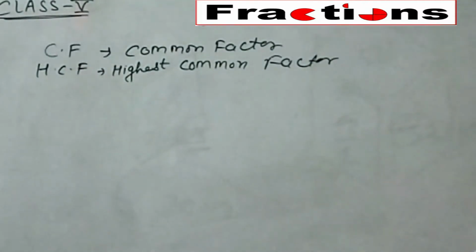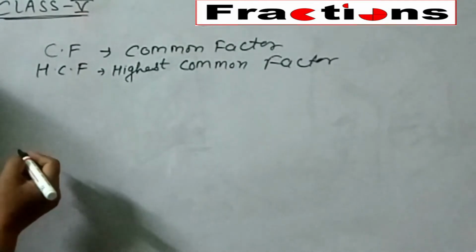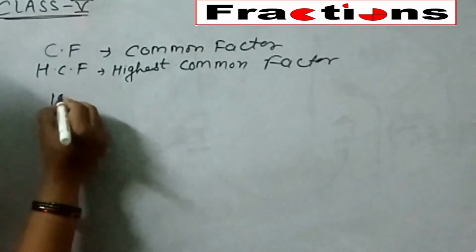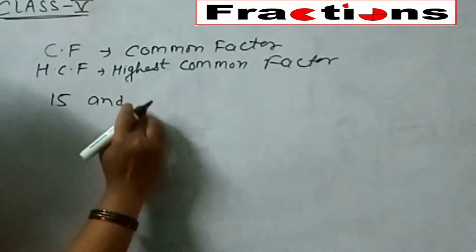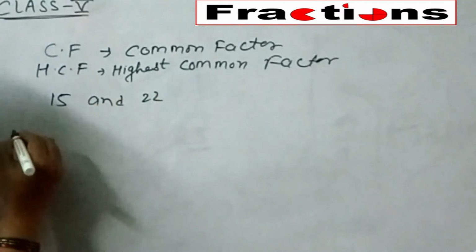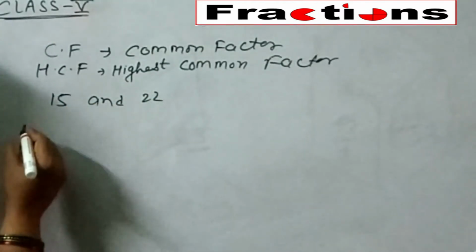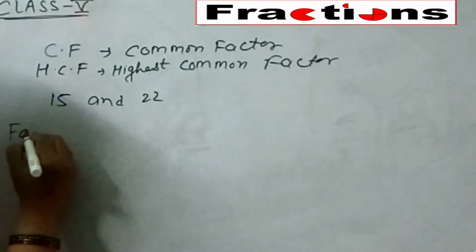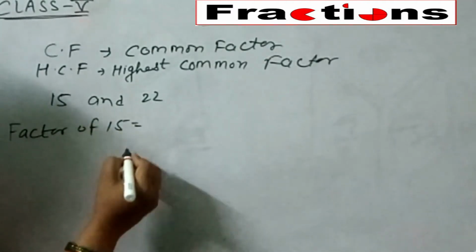One question related to this: I gave one question and told you to find the common factor and highest common factor. The question is 15 and 22. What I told you in this case is, first we have to find the factors of 15.